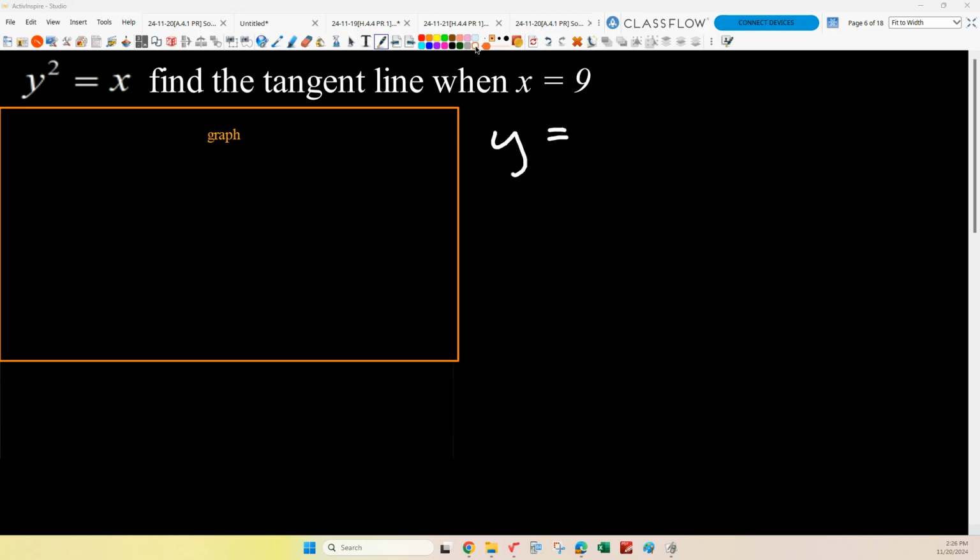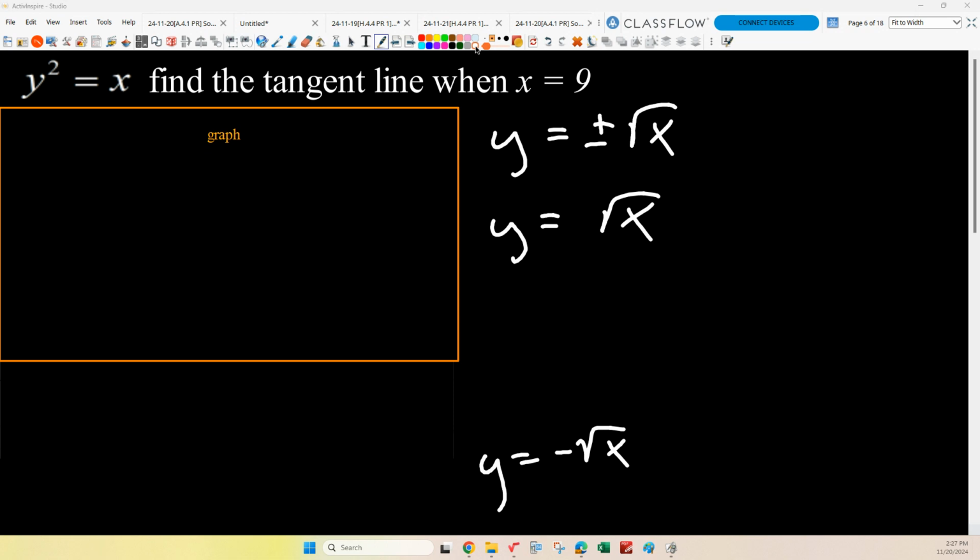Ah, plus or minus the square root of x. So if I solve for y, how many functions do I get? 2. So I've got to deal with both of those, right? One of them is y equals positive the square root of x, and another possibility is y equals negative the square root of x.